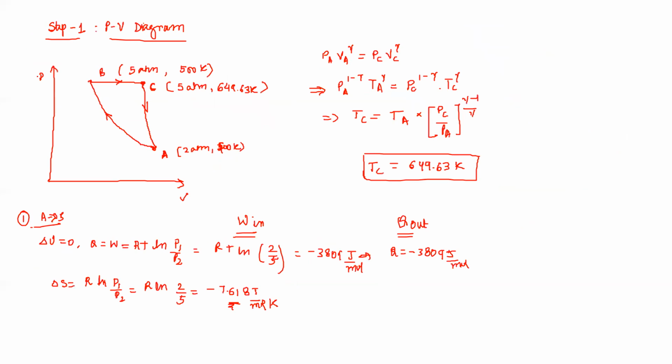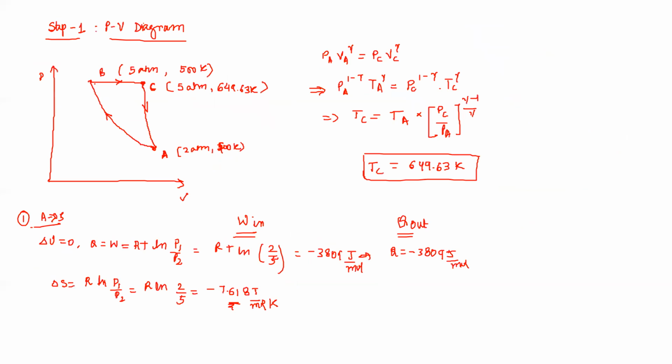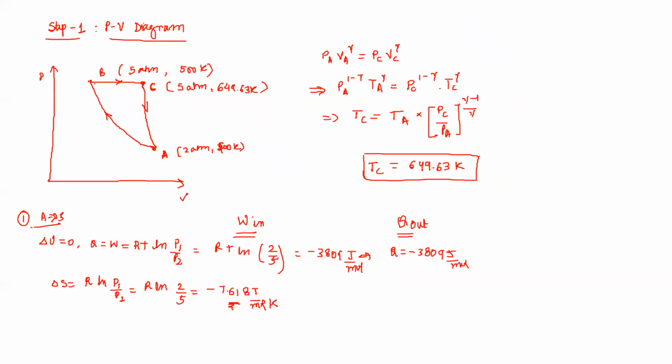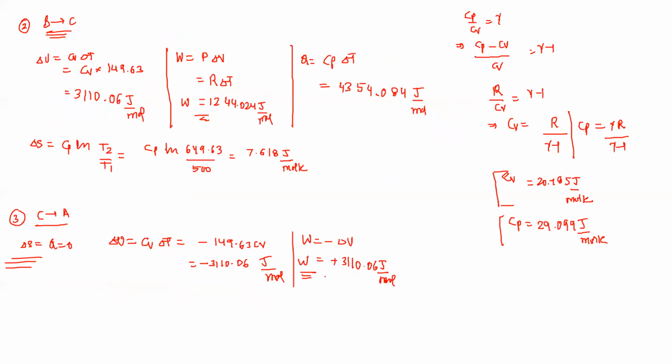All right. So for the net cycle, net work done is equal to the summation of all work done, right? So work done in AB, in BC, and in CA. In AB it is minus 3809 joule per mole.